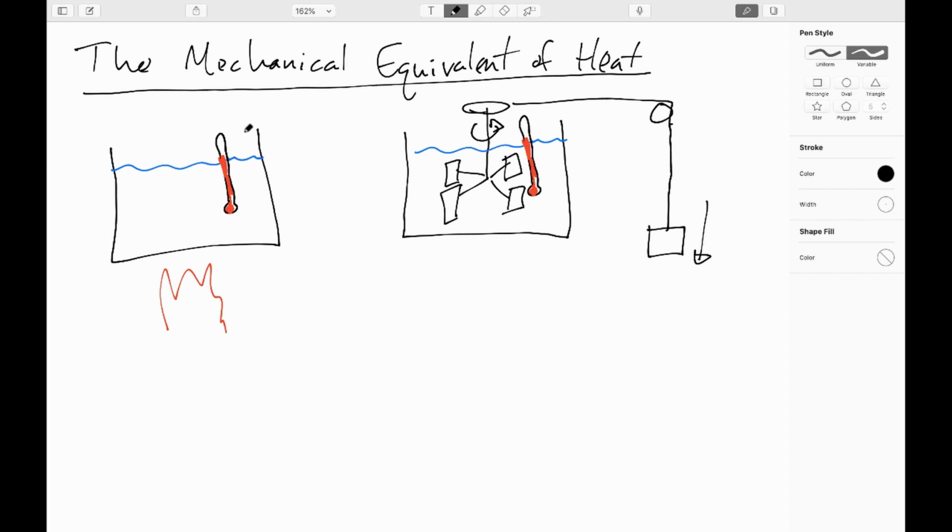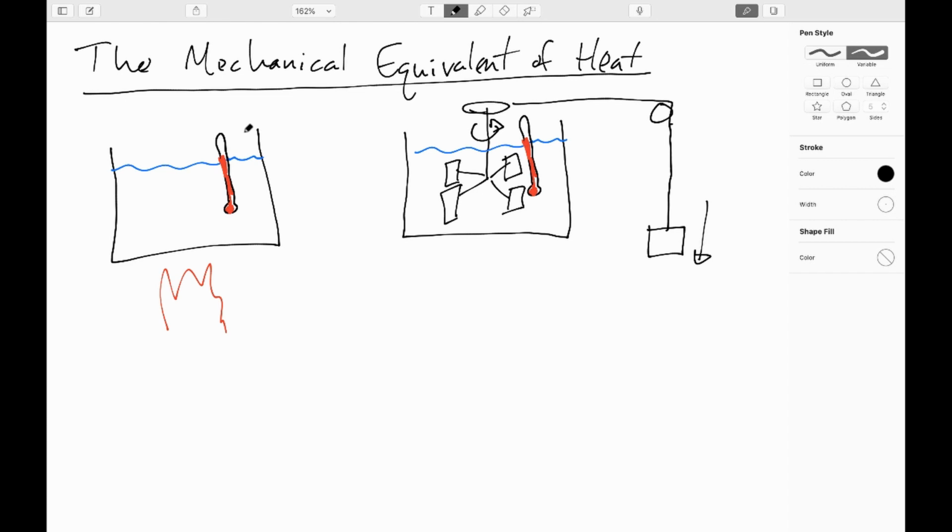And with enough work, they understood that something was being transferred between the flame and the beaker of water, but they didn't know what. They knew that this something was being conserved, and so they started taking a look at heat flows and keeping track of how all the heat was going in and out.